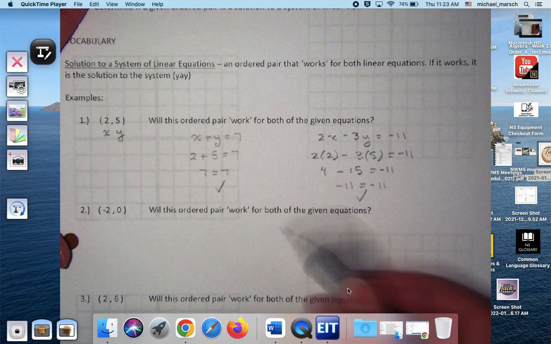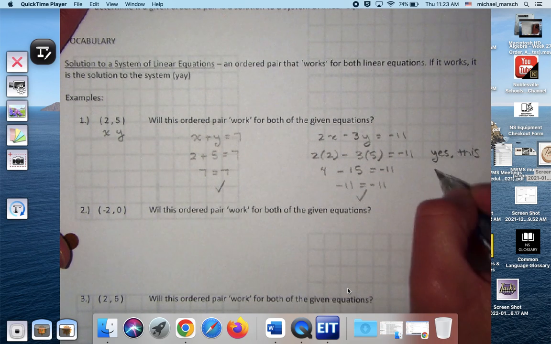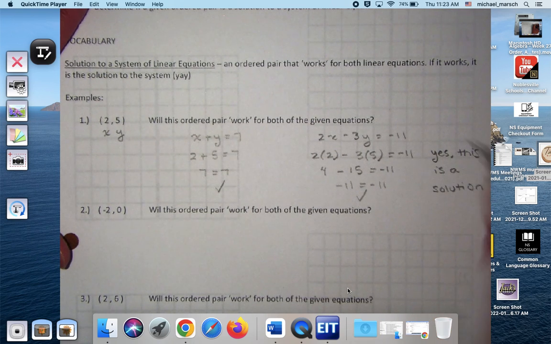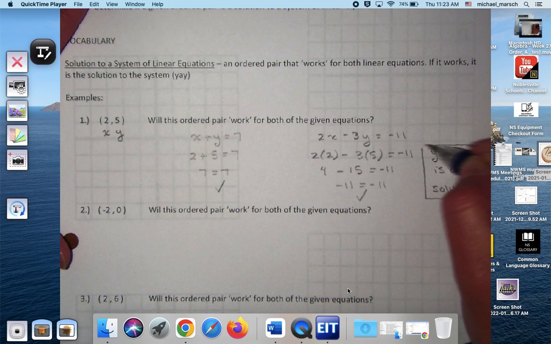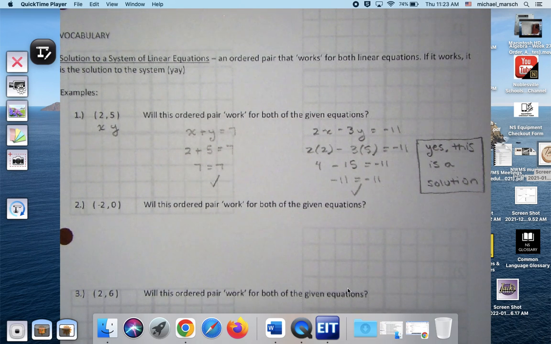So since it works for both, yes, this is a solution. So all we're doing is substituting and seeing if when we put those values in mathematically, does the x and y work here? Yep. Does the x and y work here? Yep. So this would be a solution.